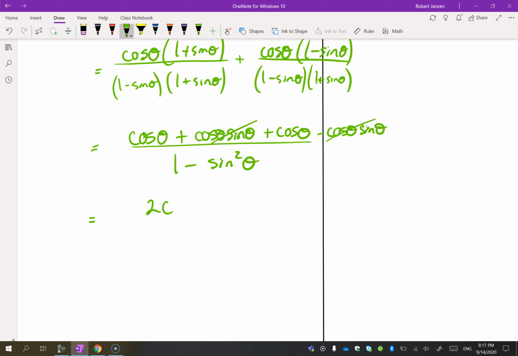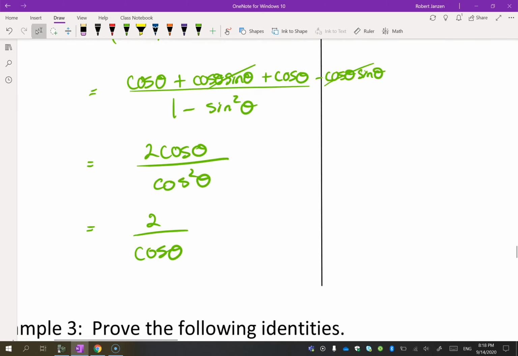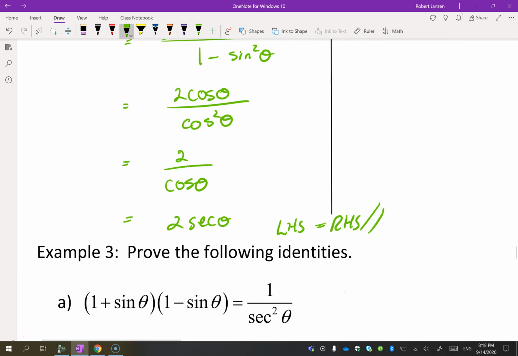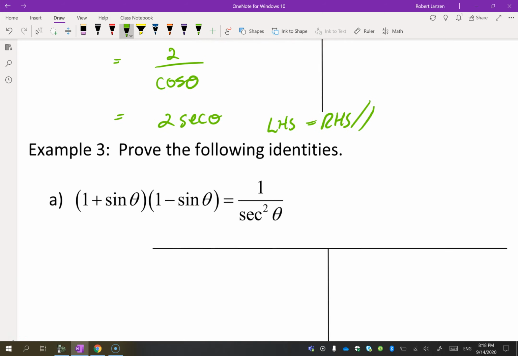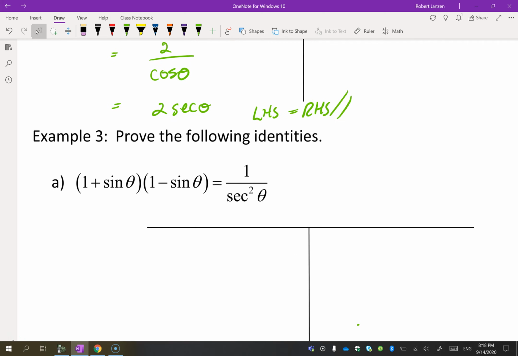So I end up with 2 cos over cos squared, which is 2 over cos, which is 2 secant. Okay? I think I'll stop there again and let you try and do a few of them for homework. We'll come back and do a few more of these.